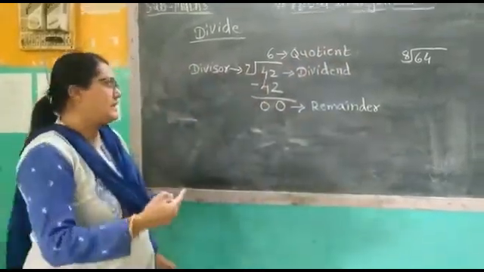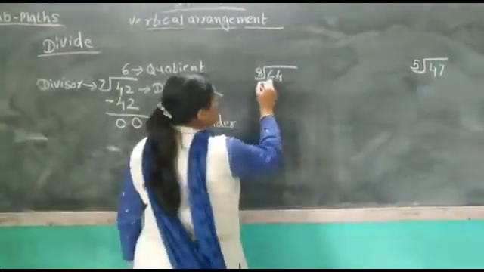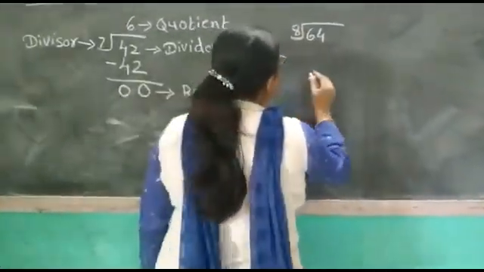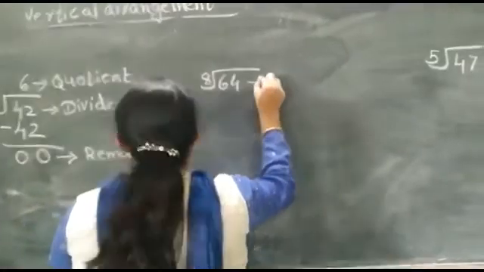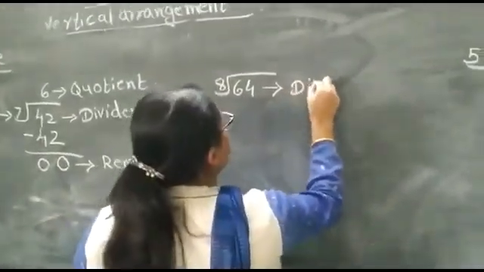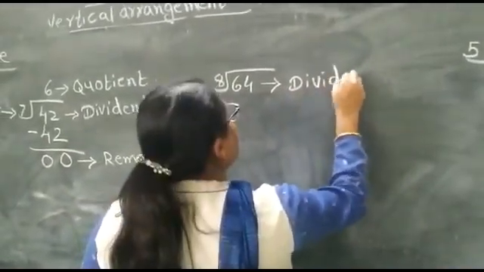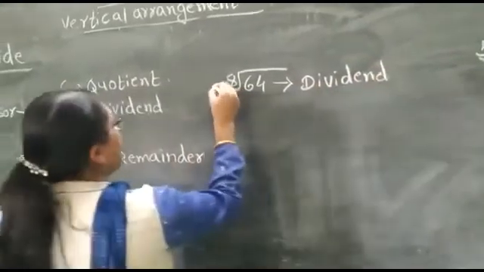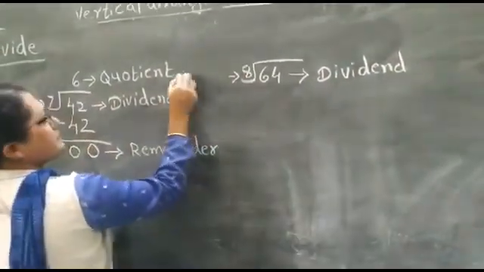Now see the next. Here we have to divide 64 by 8. So 64 is the dividend and 8 is the divisor.